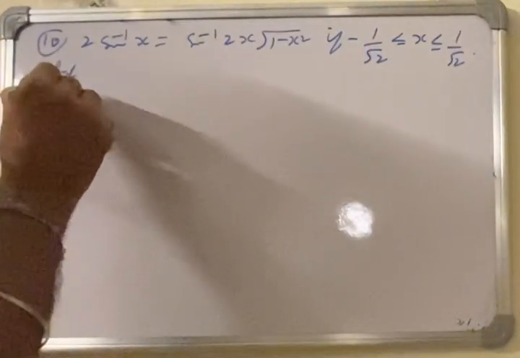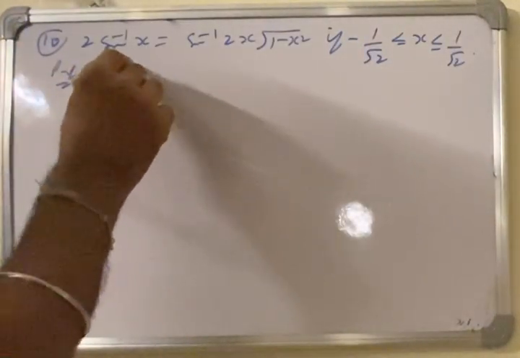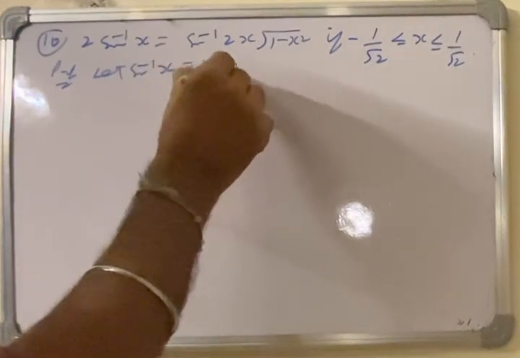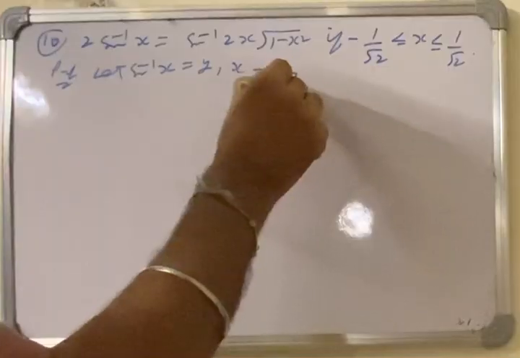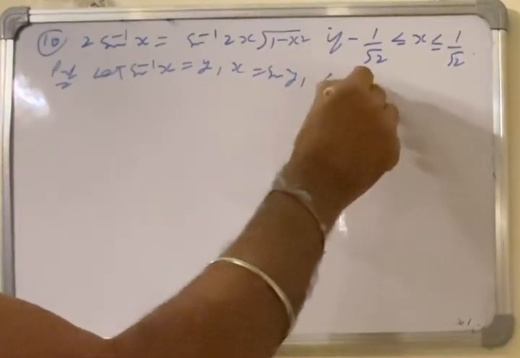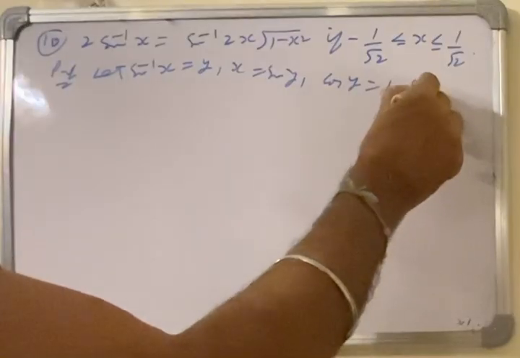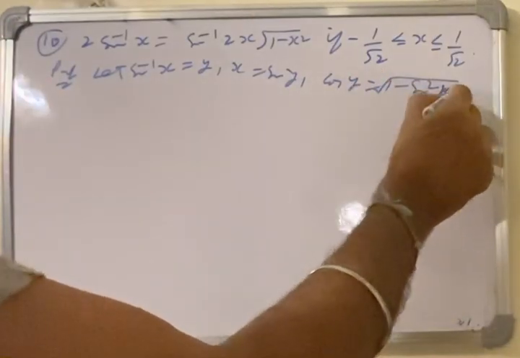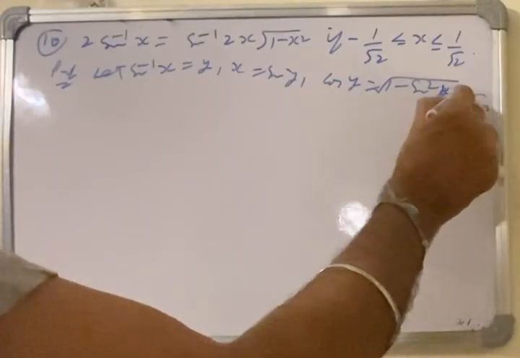Proof, let sine inverse x is y, therefore x is sine y. Cos y is square root of 1 minus sine square y, that is square root of 1 minus x square.